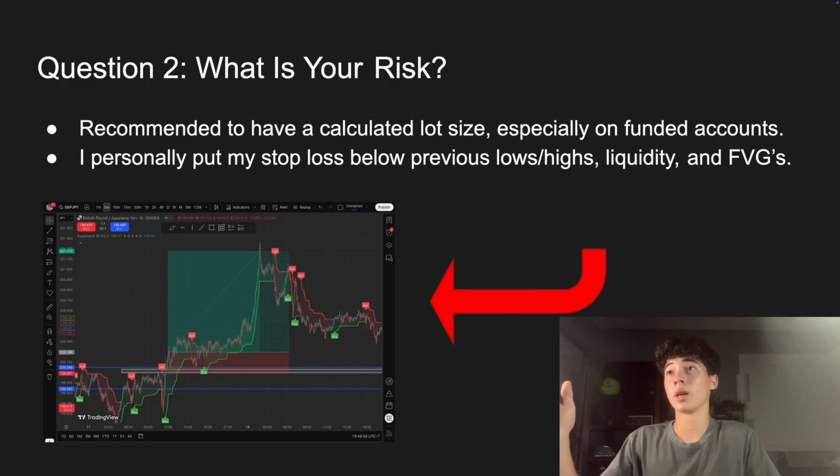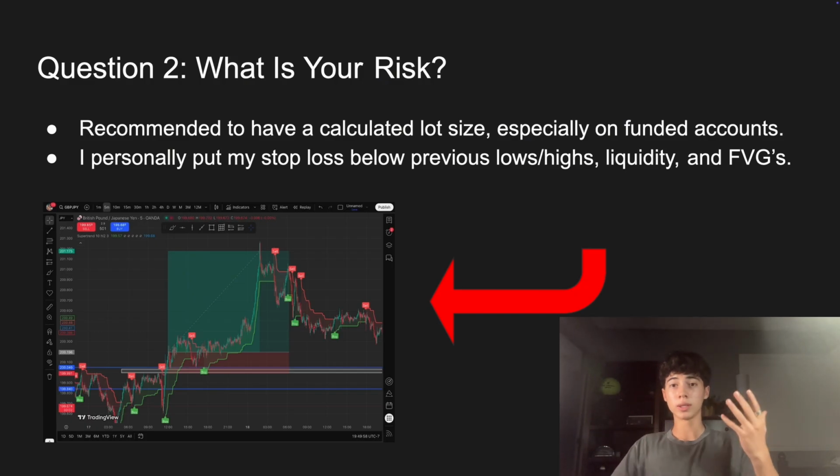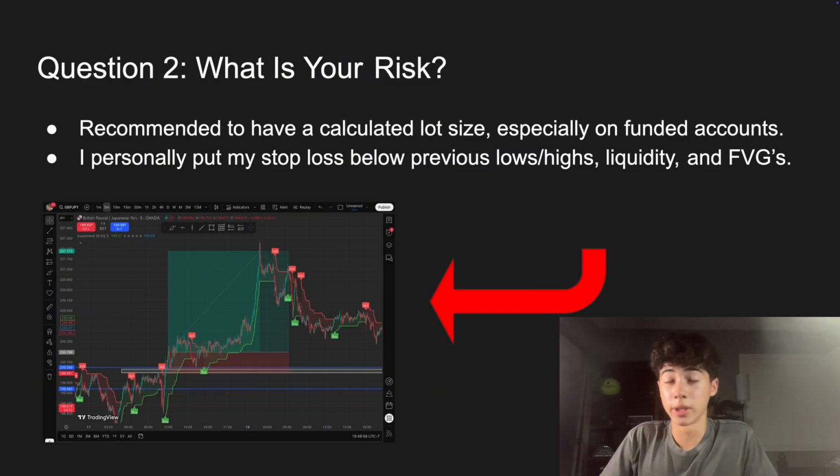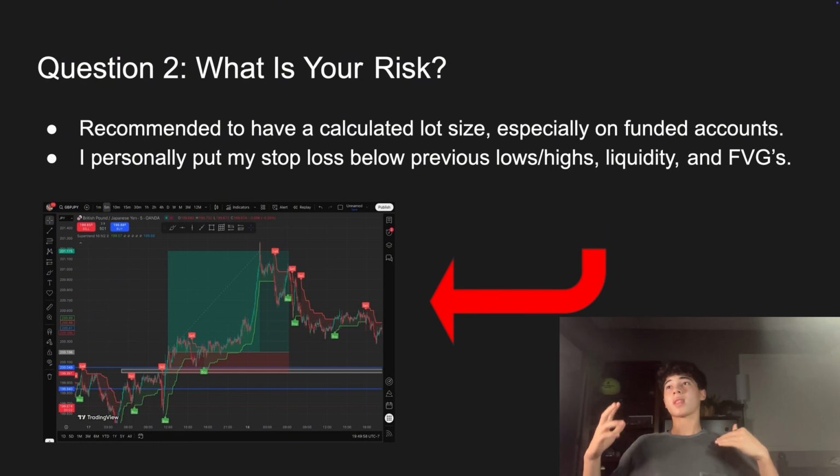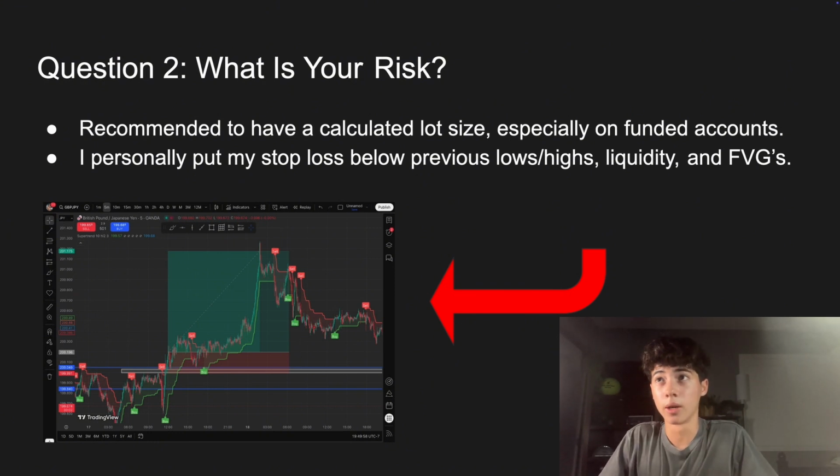I personally recommend you go to securities.io. Please write that down. It's free. I'm not sponsored by them, clearly not, because I have like 4 subscribers, but securities.io is a really good website.